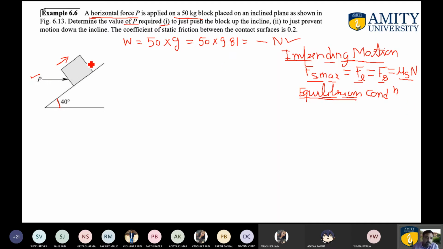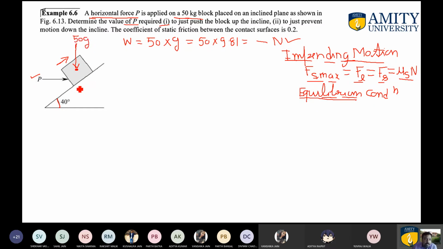So first of all, I am focusing on how to draw the free body diagram of this particular block. The first force, as it is, you are required to apply, is the external force P. After that you are required to find its center of gravity. Let this particular point be the center of gravity. Through the center of gravity the weight of this block will act. So this is the weight of the block which is acting, which is nothing but 50 into g.